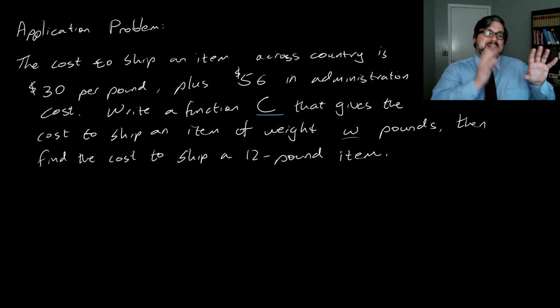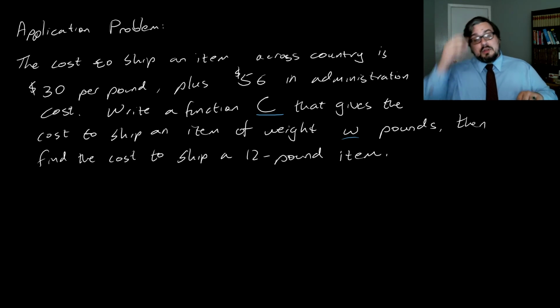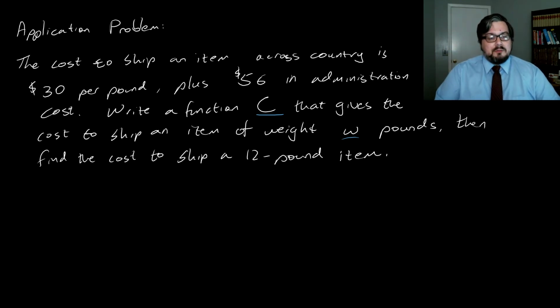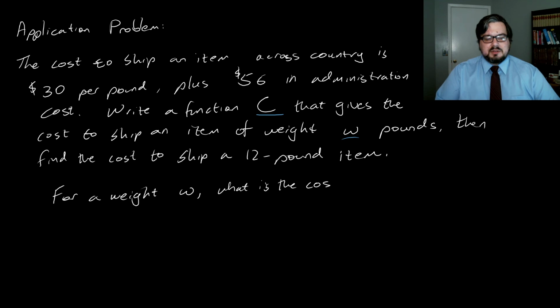The cost depends on W. And we want to say, for an input weight W, what is the output cost? So we ask, for a weight W, what is the cost to ship the item?